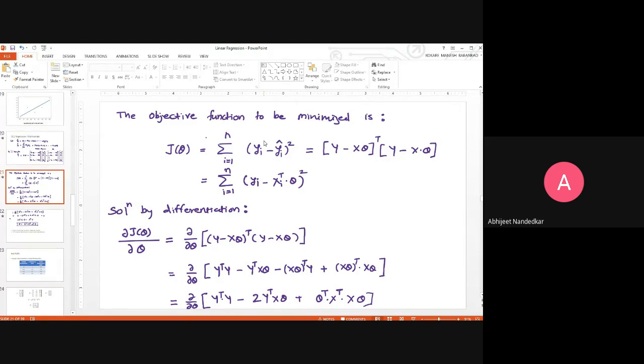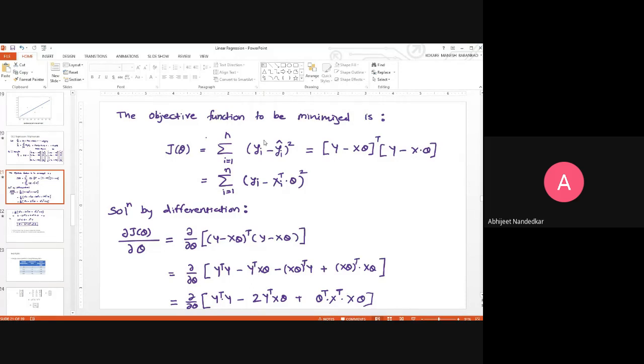Suppose I randomly fit somewhere with some initial values of theta, then the machine will start predicting as per the current fitting of the plane. Then I estimate something for a given input and compare it with the actual value. The actual value is given to me in the training phase. For a given input x, I know what yi is.